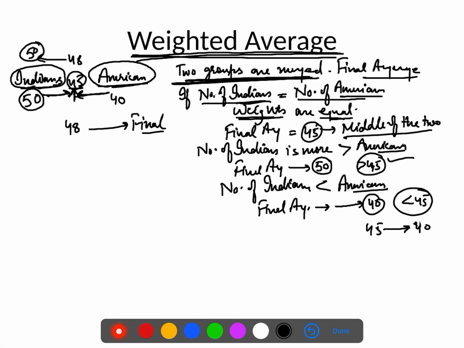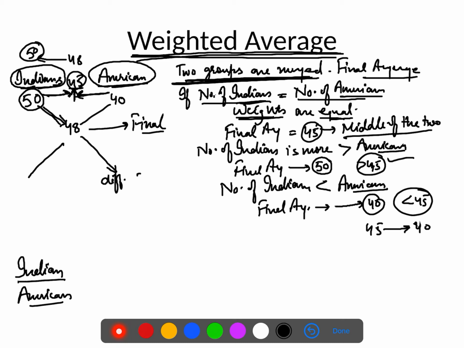Can we actually figure out the ratio of number of Indians upon number of Americans, the ratio in which Indians and Americans have been added? Make a cross. So 50 and 48, the difference of 50 and 48, write it here. 40 and 48, write the difference here, which is 8.